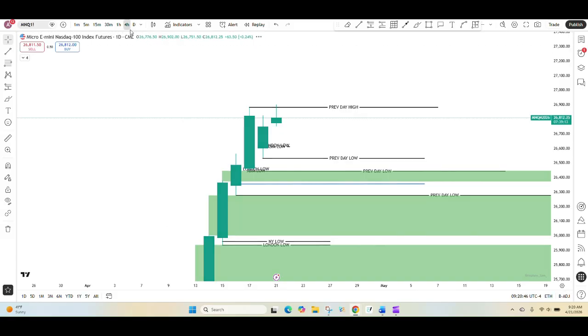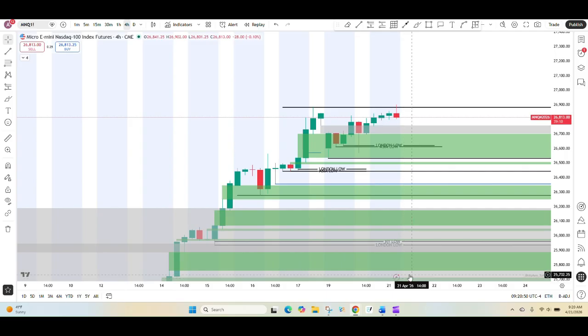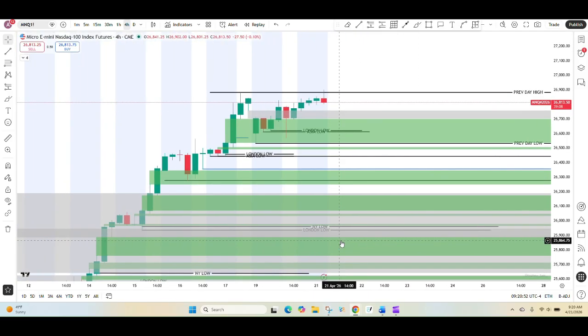Drop down to the 4-hour. Check to see if we see any internal key levels. This appears like it could be an internal key level.